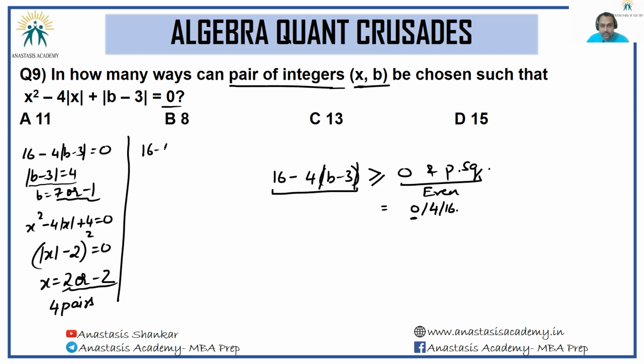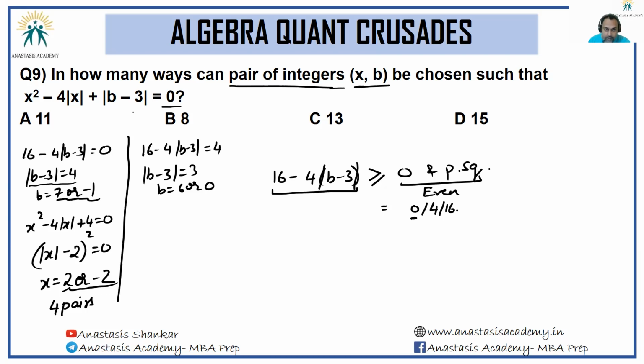Next case would be 16 minus 4 times mod of b minus 3 is equal to 4. So next work would be 4 gone here. Okay. Mod b minus 3 is equal to 3. So b is equal to 6 or 0. This much we have got. If b is equal to 6 or 0, work is not done. We have to go back and replace it in the equation.